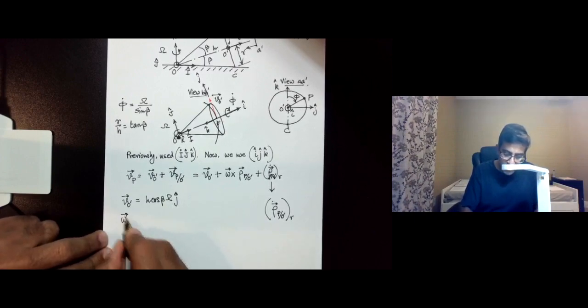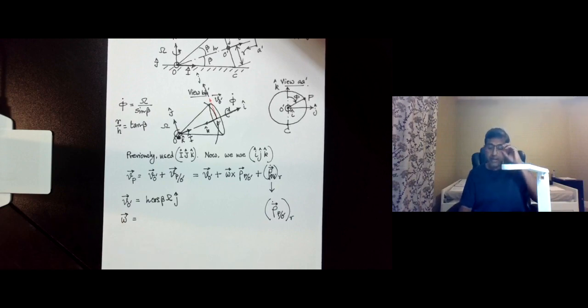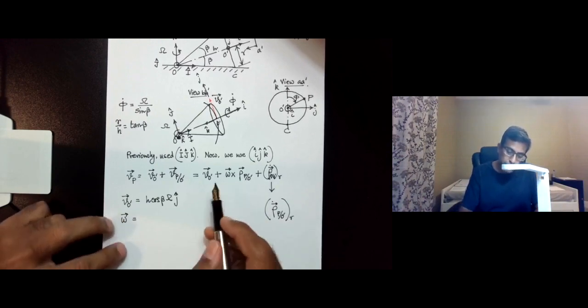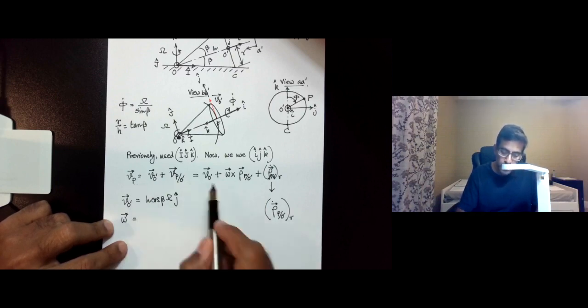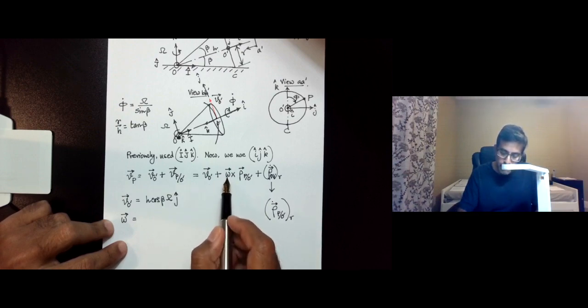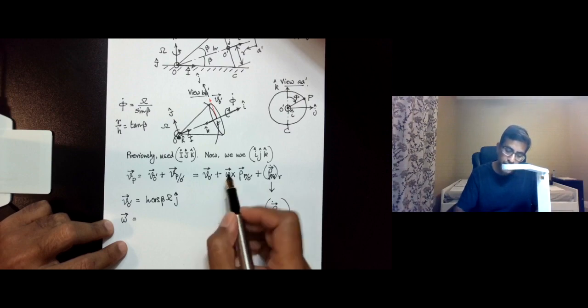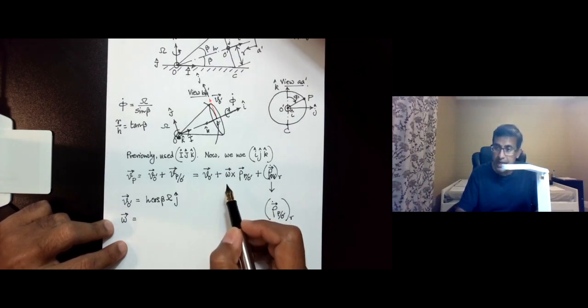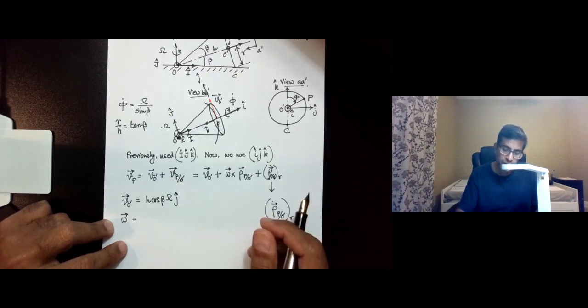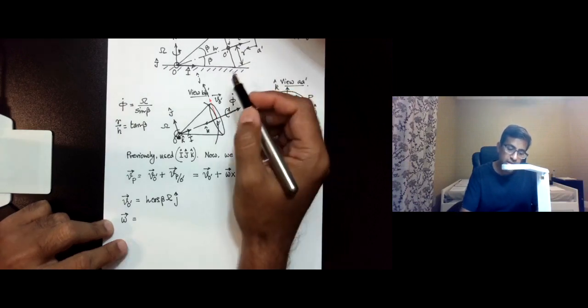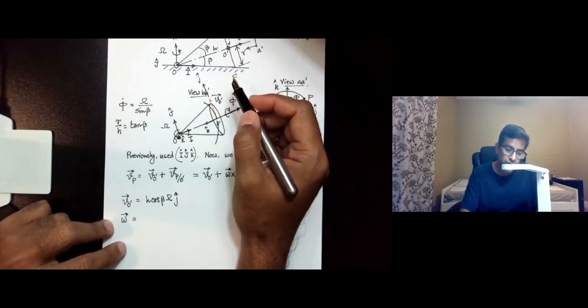Now the angular velocity, keep in mind that when you are using this equation to express the velocity of a point with respect to another point, and you are using a rotating frame, the angular velocity omega refers to the net angular velocity, the total angular velocity of the rotating frame. So let us consider what is the angular velocity of the rotating frame.